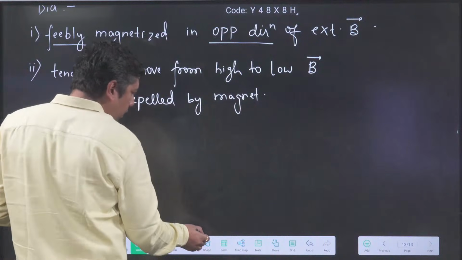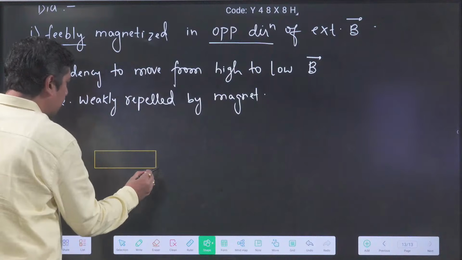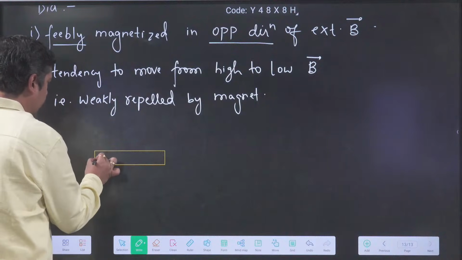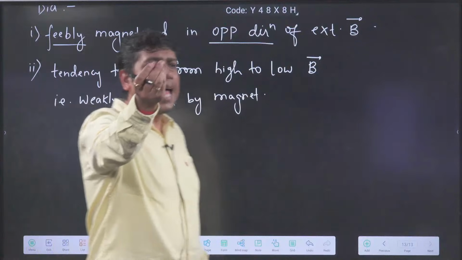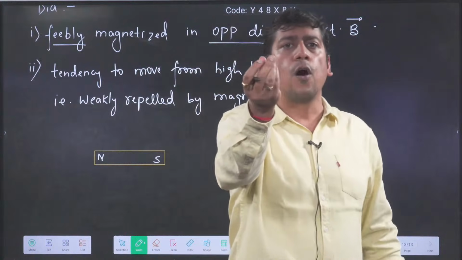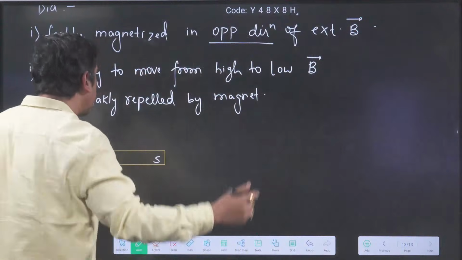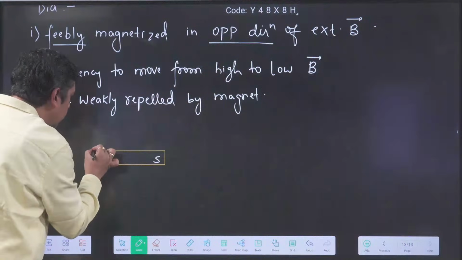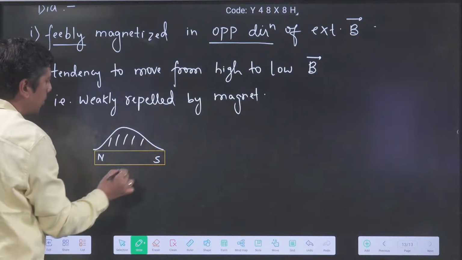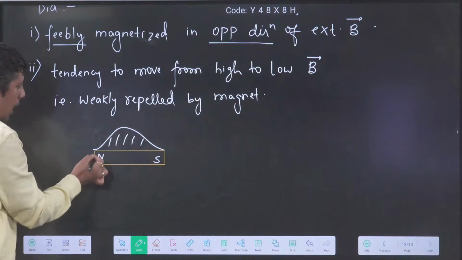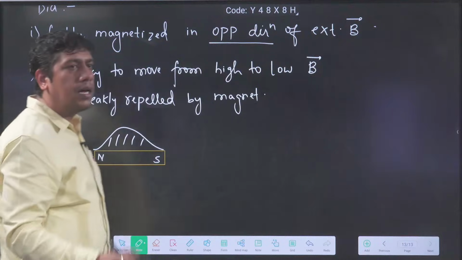Another thing you can find during experiment is if you take a bar magnet and you take a diamagnetic substance in powder form and sprinkle it over this bar magnet and shake it a little bit, you will find they make a heap like this, because at the pole the field is strong, and in the middle you will find field to be weak.